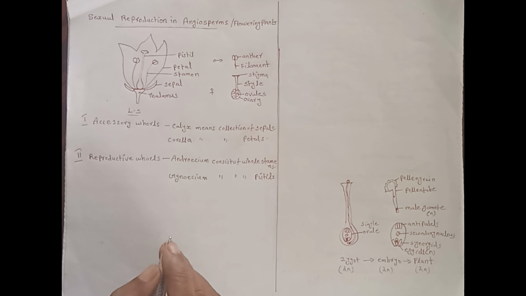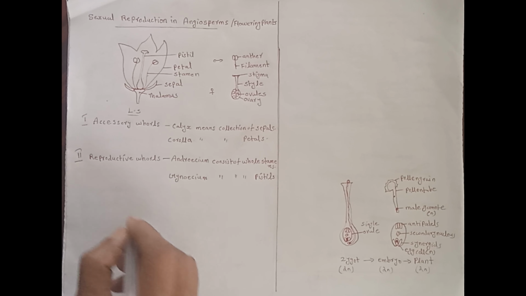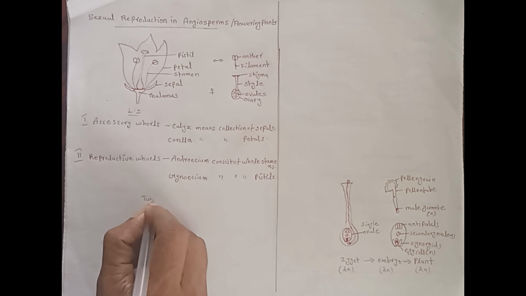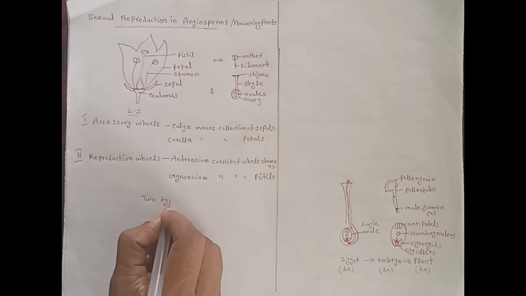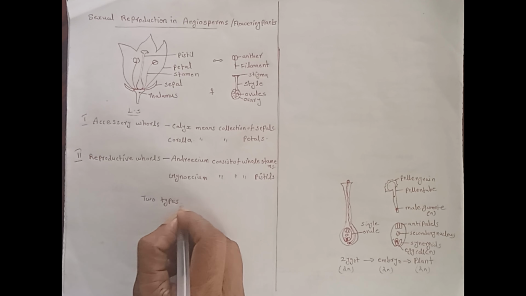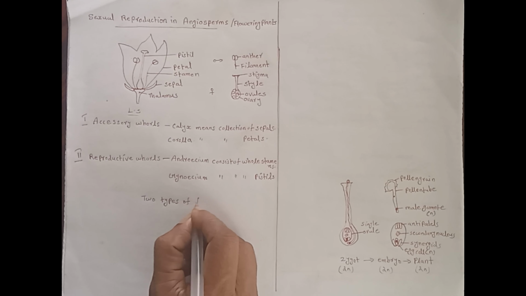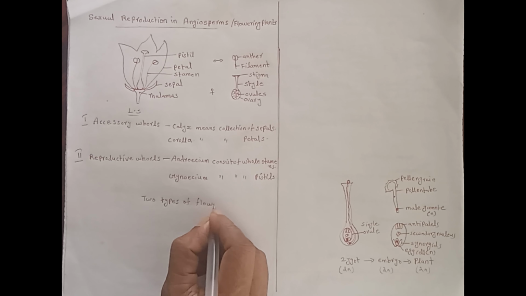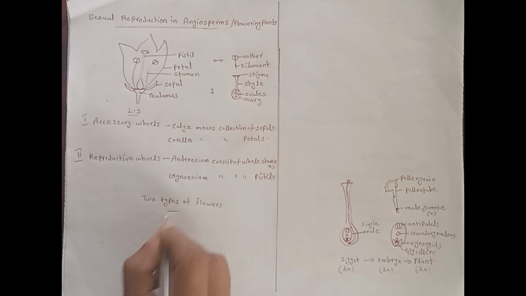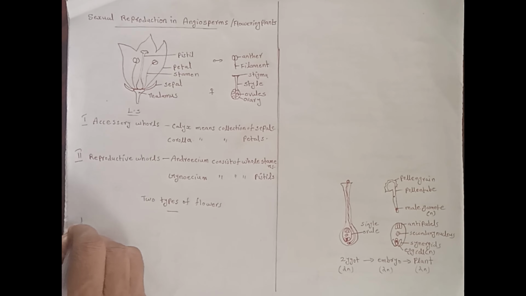Then two types of flower. Mainly there are two types of flowers: unisexual flower and bisexual flower. First, unisexual flower.